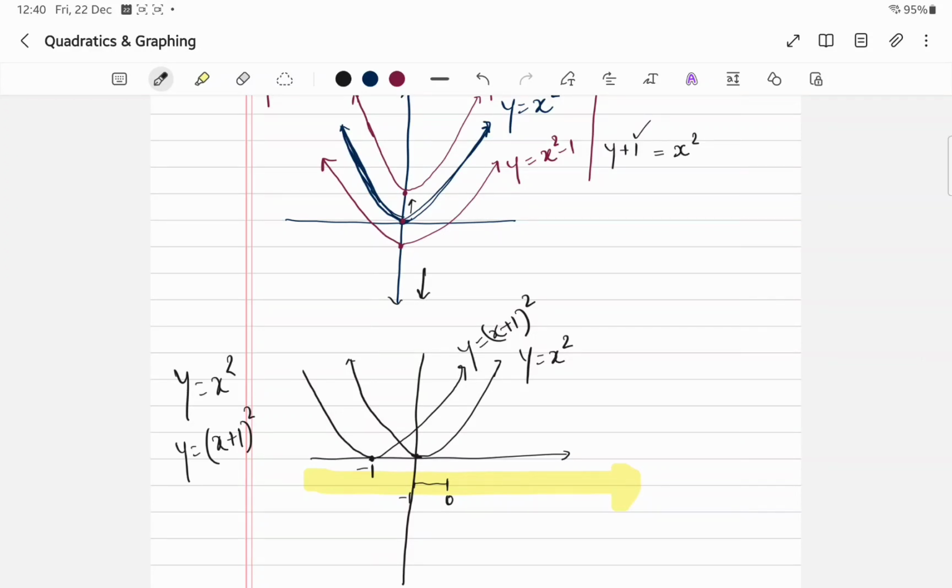Cool. Now if I take that away, if I have y equals (x minus 1) squared, now my x-axis line is moving this way 1 point. Wherever my 0 was, because this line has moved this way, the 0 has moved to 1. So the 0 point is now 1, not 0 anymore.